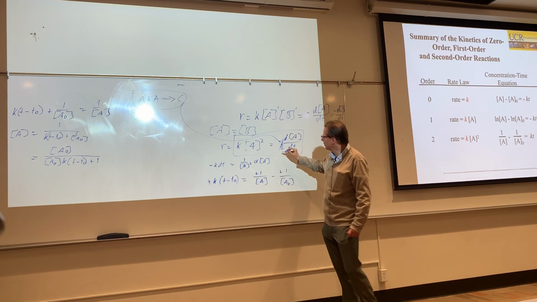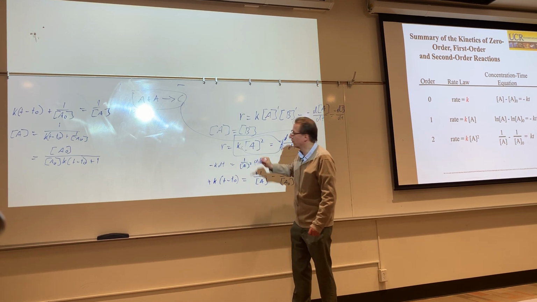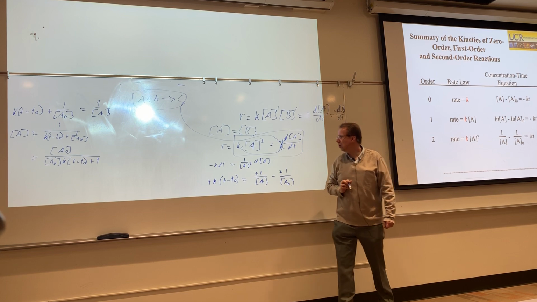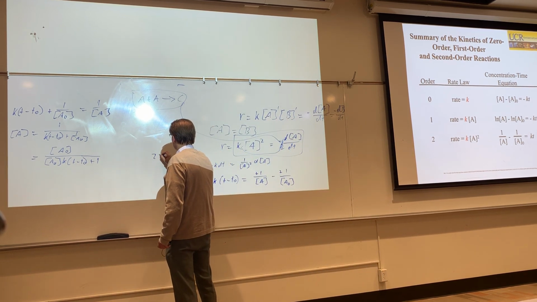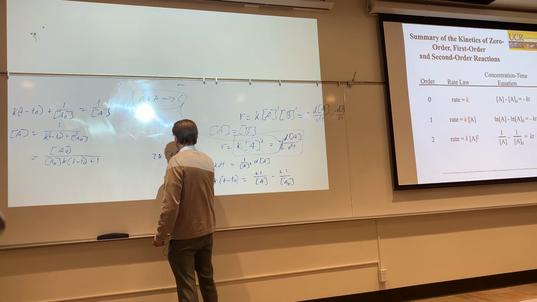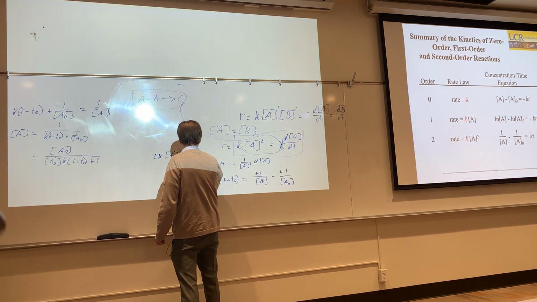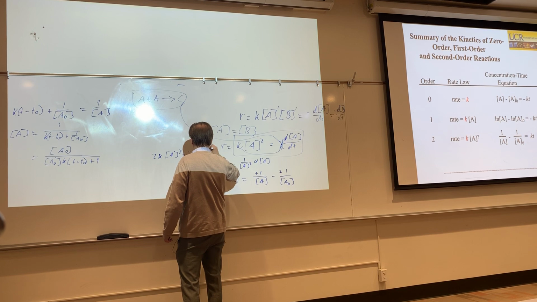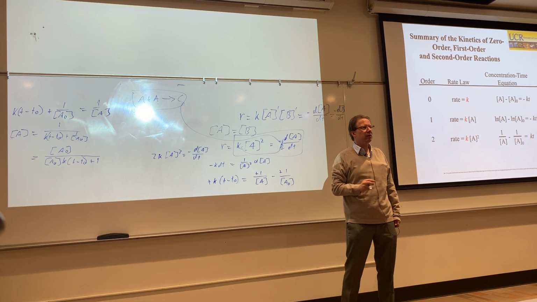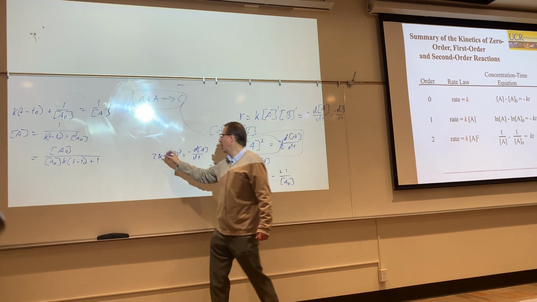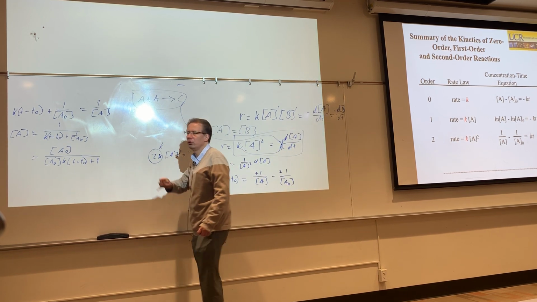And then people very frequently would multiply the 2 over there and say, oh, I really have an equation which would look like 2k times the concentration of A squared is minus d concentration of A by dt. And then people would say, oh, if there's 2k over here, I'll just call this one here my new k.